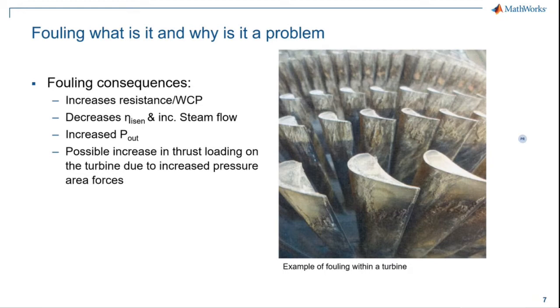Then, potentially with an increase in steam flow, we will see an increase in the outlet pressure. And with the increased wheel chamber pressure, we have a larger pressure over the whole machine, which will potentially result in a larger pressure force, and that needs to be absorbed by our thrust bearings.